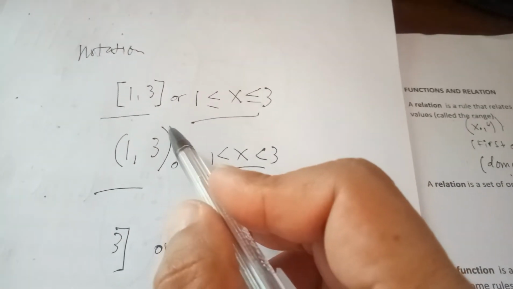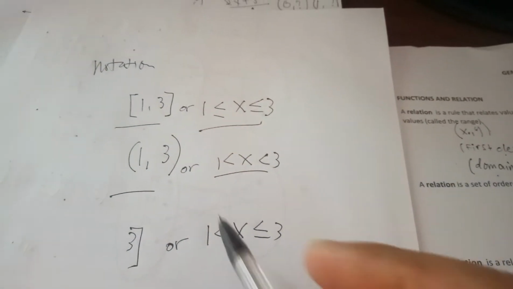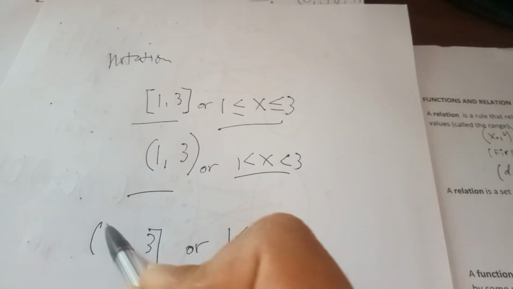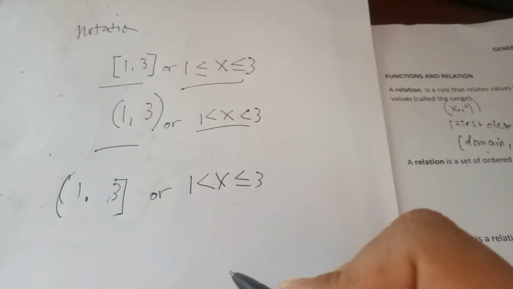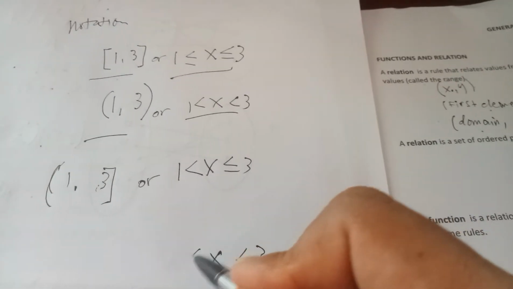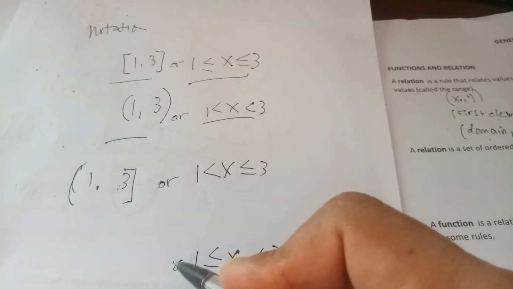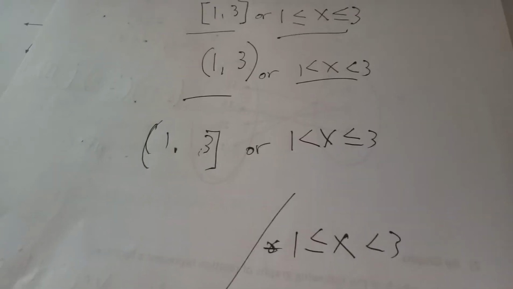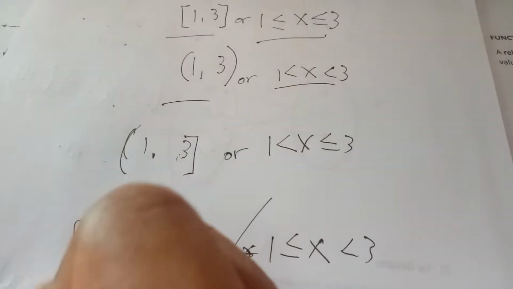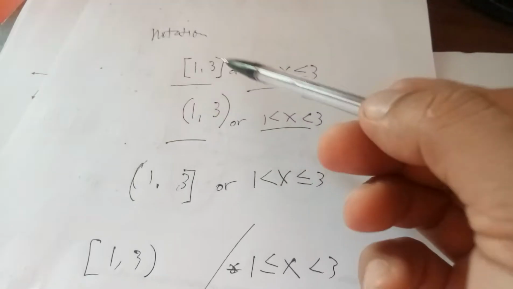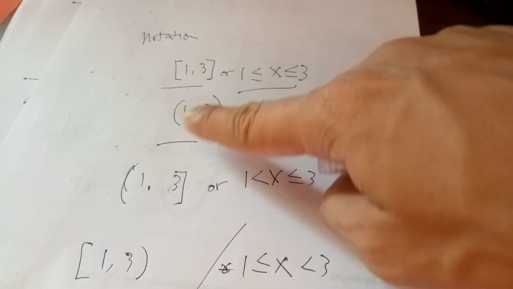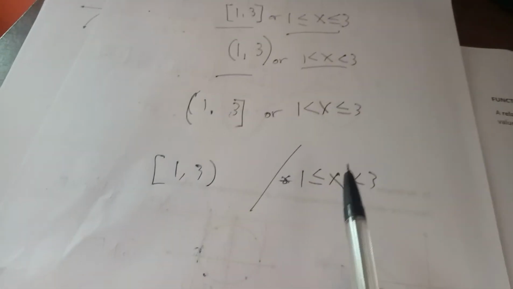Pag less than and greater than, ito. Ano kaibahan nitong tatlo? O kaya naman, x is less than 3 but greater than or equal to 1. Anong kaibahan nitong apat? Napag-aralan nyo ba yan during your junior days?